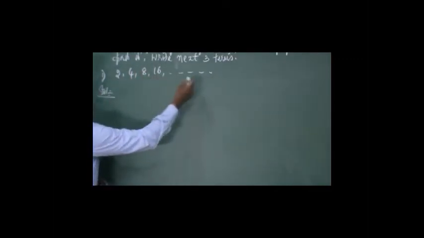Okay. Let us go with this. 2, 4, 8, 16 is the given sequence. So write down the sequence: A1 is 2, 4 is A2, 8 is A3, 16 is A4. This is the given sequence. So let us find out A2 minus A1 first. A2 is 4 minus A1 is 2.